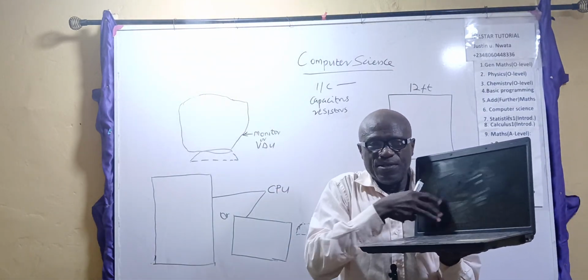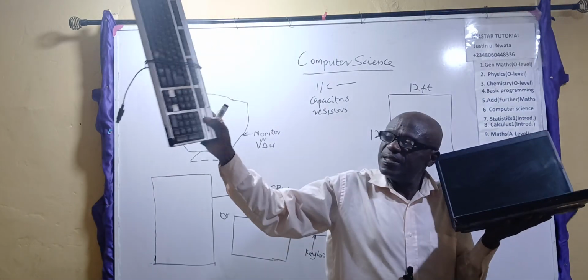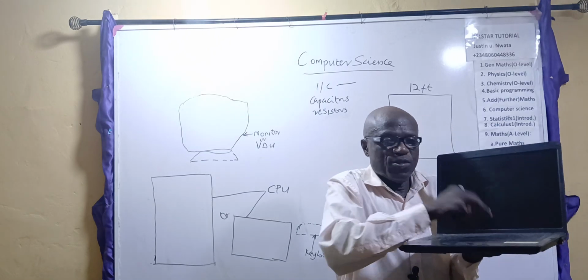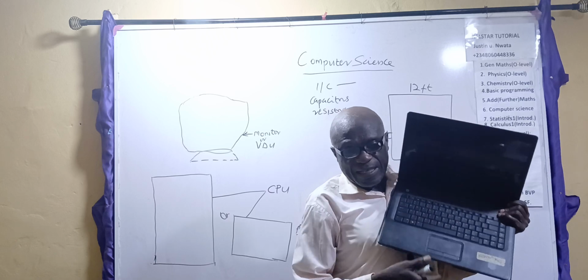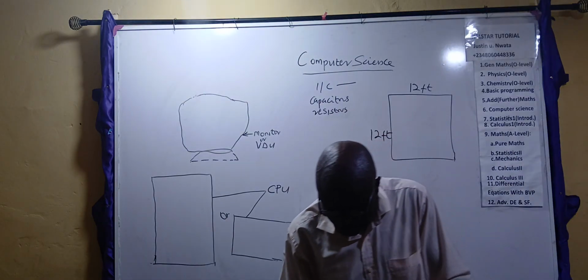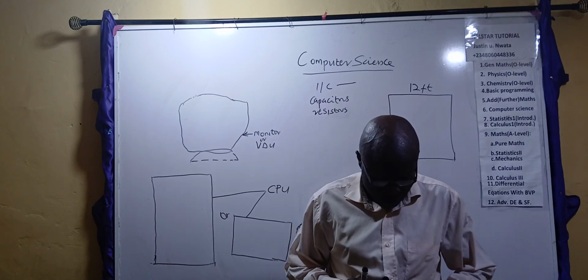This keyboard you see here is now compressed, made as small as possible, to be this one. This is the keyboard. That is all these things I'm saying. The language of the computer, that's what it is called: miniaturization. Miniaturization means making something as small as possible.